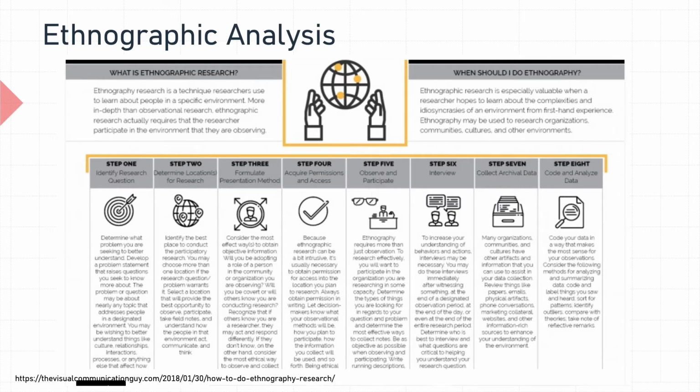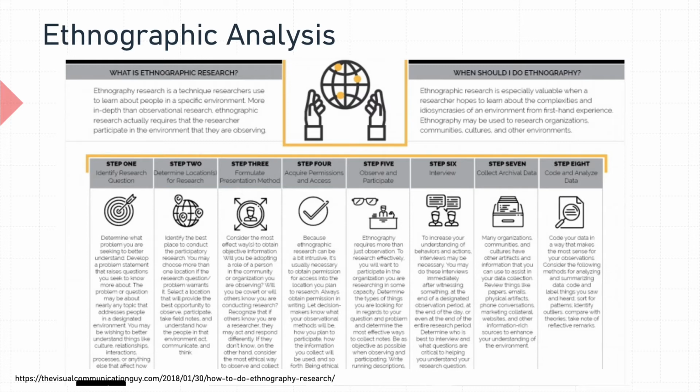You can see in this analysis steps 1 through 8 that it starts by identifying your research question. Then you determine the locations of your research. Bruno Latour's was the Pasteur Institute. Step 3, you formulate your presentation method so you can consider the most effective way to obtain objective information.